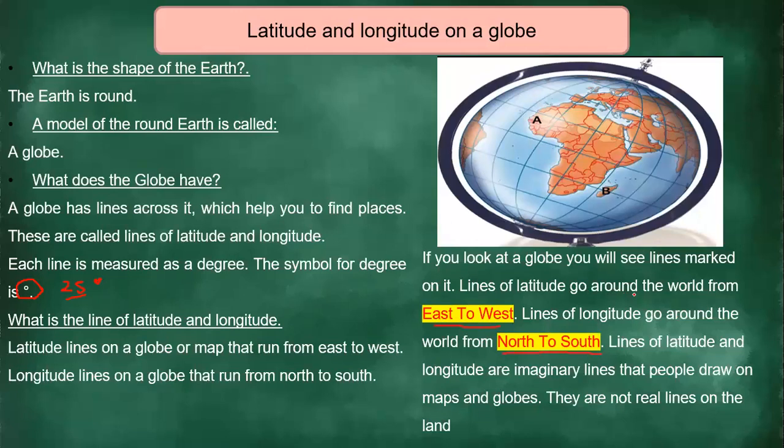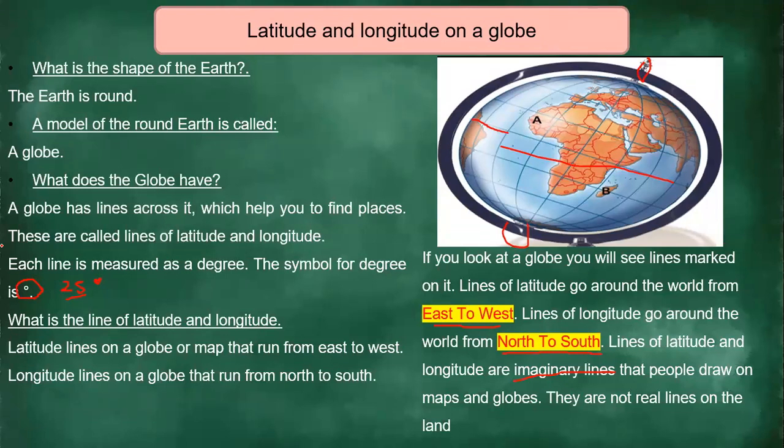The lines of latitude go around the world from east to west, and then we have the north to south, which is here, the north, and then to the south, which are the longitude. Lines of latitude and longitude are imaginary lines. They are not on our world. In real life, they are only on the map.